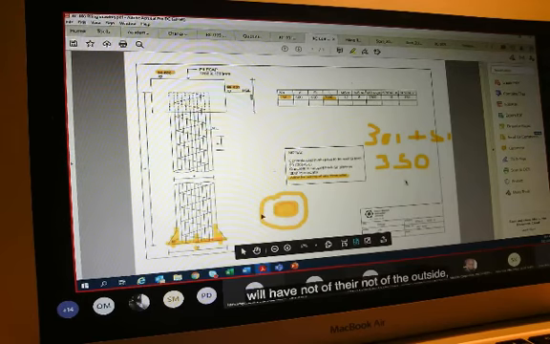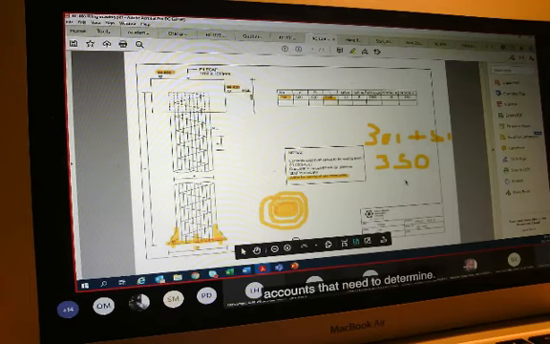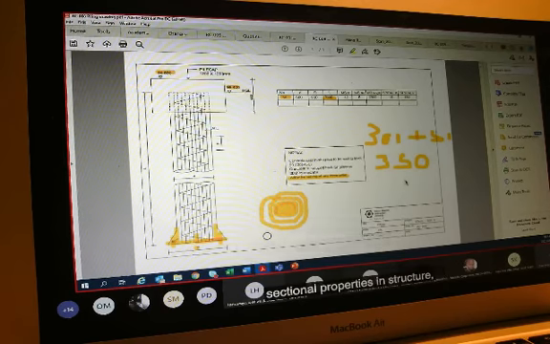And that means that in order for me to determine the circumference, it will be the circumference from there to there. I know I might not make lots of sense, but it will be the circumference not of the outside, but of 50 millimeter into my ream section.